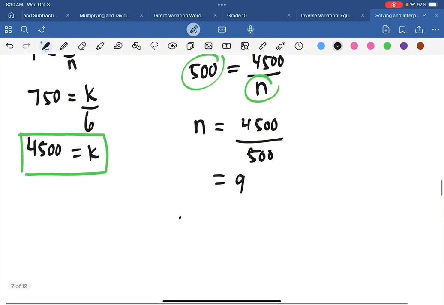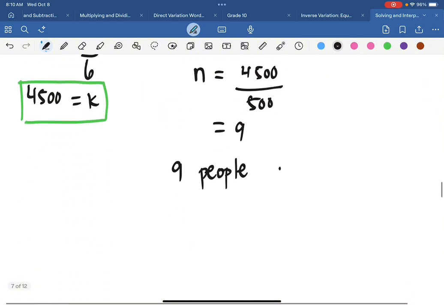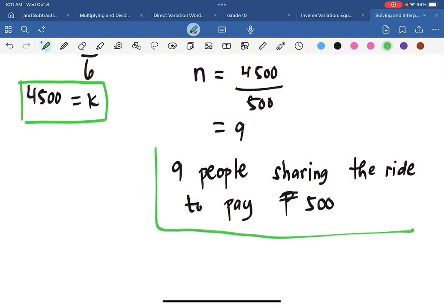That means there would be 9 people. It takes 9 people to share the ride, in order to pay 500 pesos for the fuel cost. And that's it for today, and I hope you learned something.